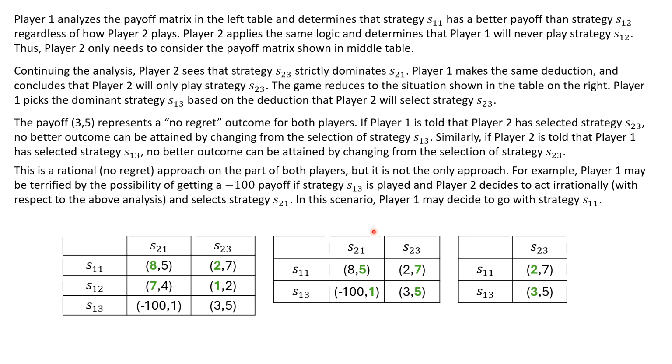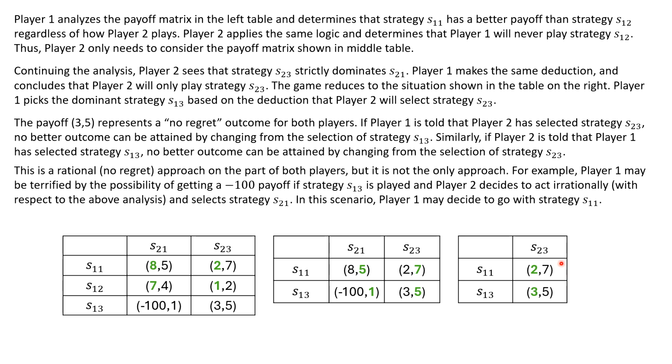And so this column is now eliminated. And then we're down to this here. And from here we can see that player 1 has 3 being greater than 2. So player 1 is going to want to play strategy 1,3.